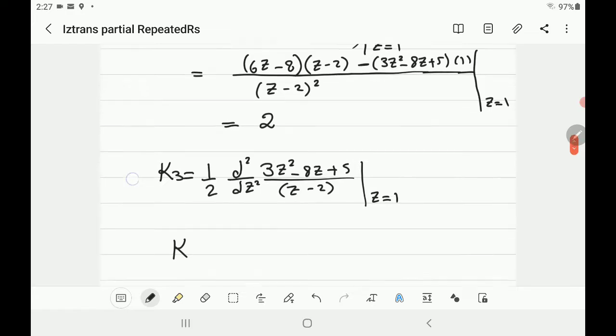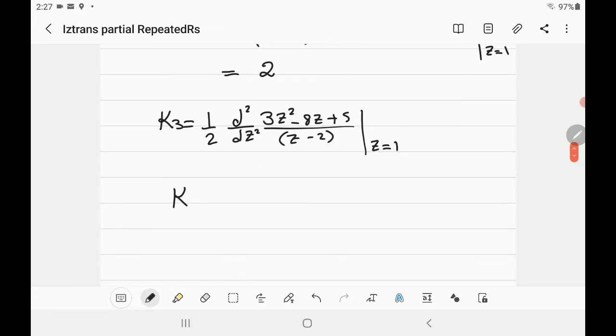So to do that, let's have a general formula here. We will say k m is equal to 1 over (m minus 1) factorial, d, the differentiation of order m minus 1, of the expression here that we have.